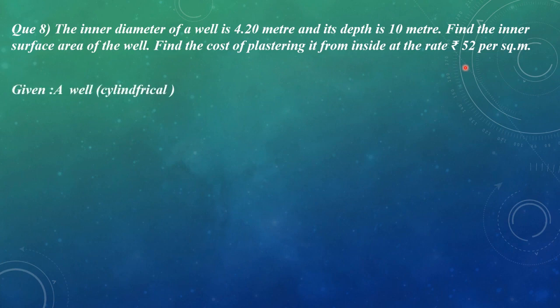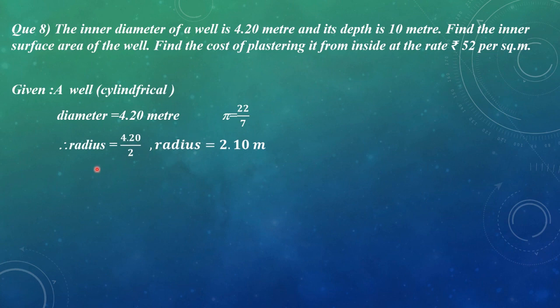So given is a well that is cylindrical. Diameter is equal to 4.20 meter. Pi is given as 22 by 7. Therefore, radius is equal to 4.20 divided by 2, and that is equal to 2.10 meter.